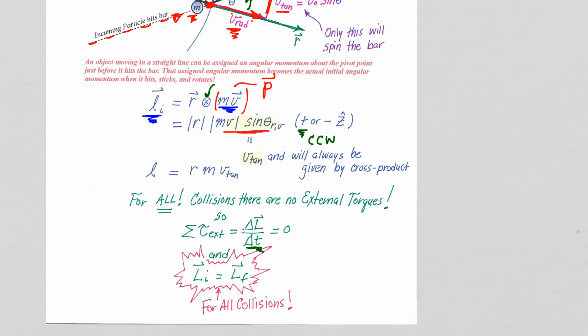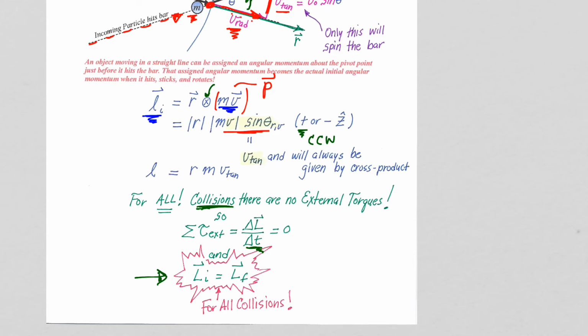As soon as you see the word collision, collisions by definition conserve momentum, both linear momentum and now angular momentum, because there are no external forces and no external torques that are allowed to act over that very short time period.